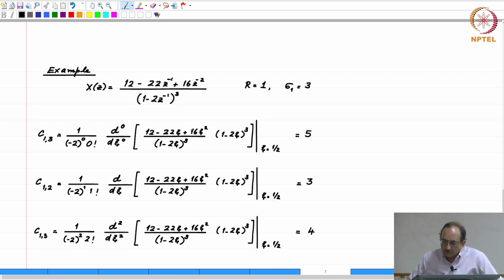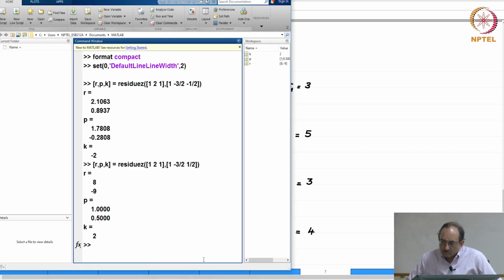So, let me write this. This is R P K equals residue Z, and then the denominator is 1 minus 2 Z inverse, right.